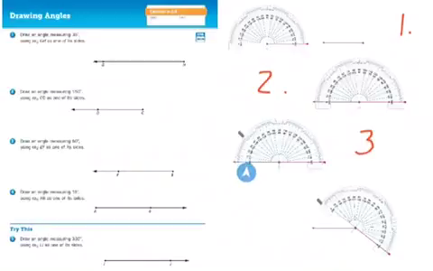So the 0 is on the outside. I'm going to look at the outside numbers. I find 35. I make a mark on the outside there. And then I'm going to slide my protractor over so that I can have a straight edge to go from the vertex to where that line is, and I'll draw a line right there. That is how I use my half circle protractor to draw an angle.